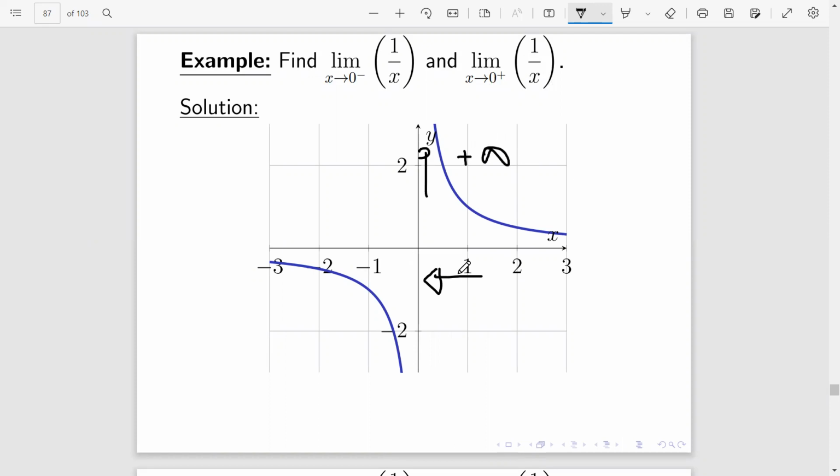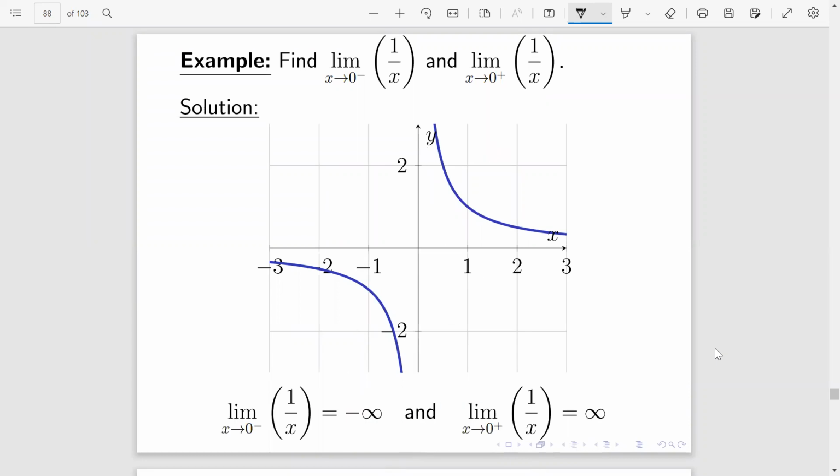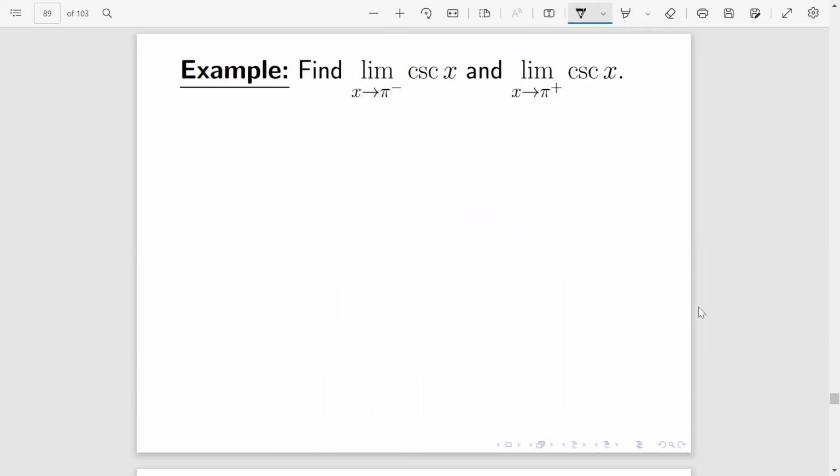And when x is approaching 0 from the left, the function keeps going down. The y values are getting smaller and smaller, and remember, these are the y values. So the function is going to minus infinity. I hope this makes sense.